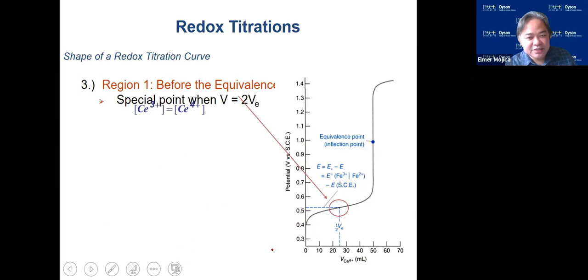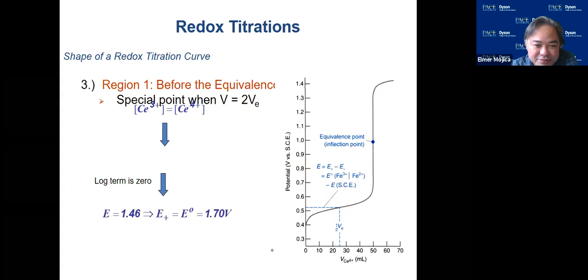Okay? Another special point that you have here, this time in terms of the Ce that is being added, is when you have a volume that is twice the equivalence point. This is the time when you have the same concentration of your Ce ions. So from that point, you end up with this value.